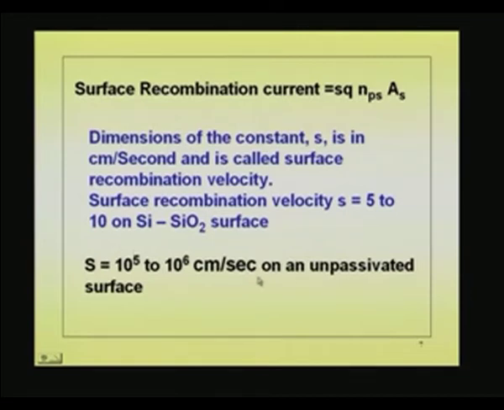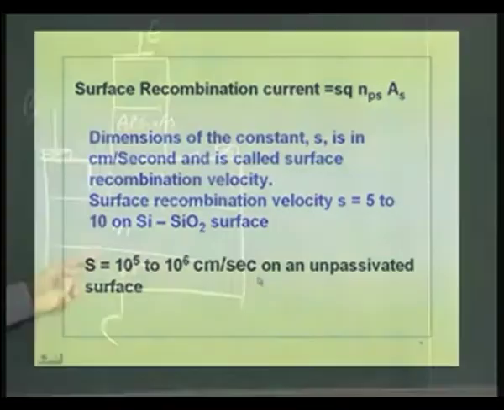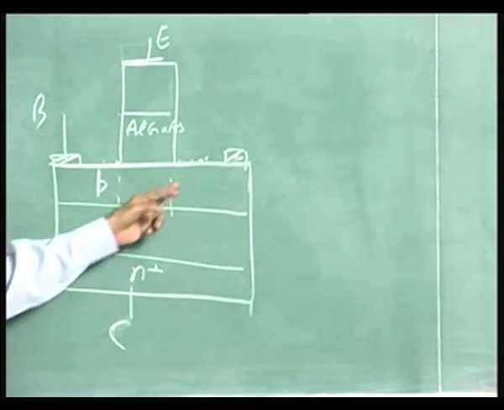In the case of unpassivated surface, like the one that you have got here, like this one, where you have got the gallium arsenide, a bare surface.